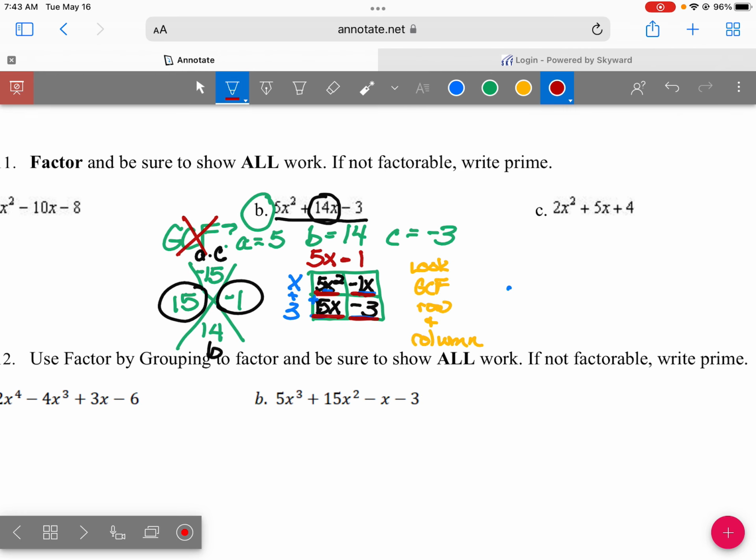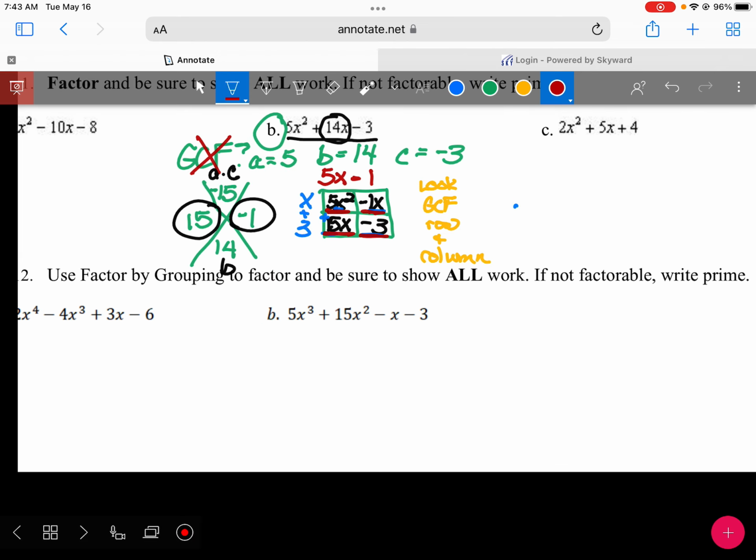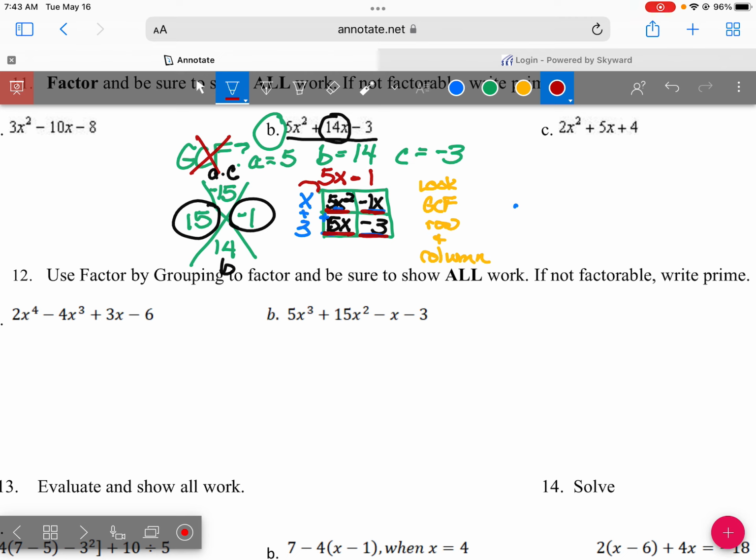Now, let me go back. It says factor and show all work, if not factorable. Okay, so here are my factors. I am not solving. It doesn't say to solve. It just says to factor. So I put 5x minus 1 times x plus 3. And that, in the blue box, is my final answer.